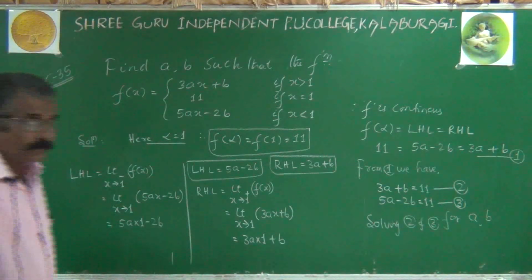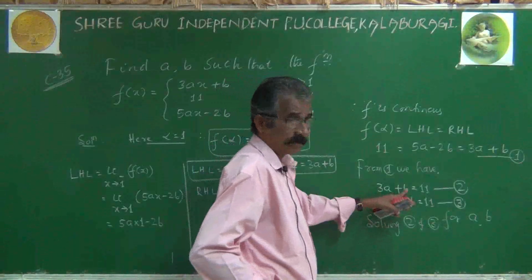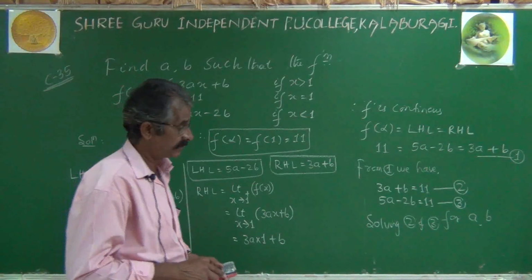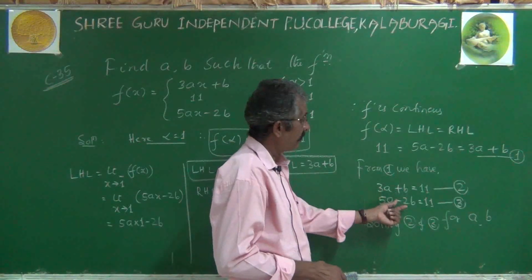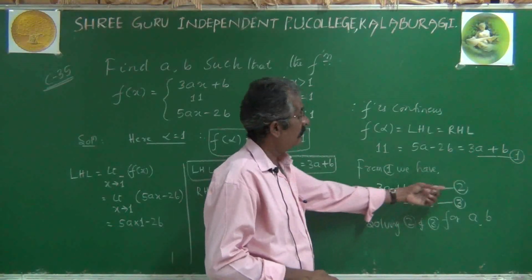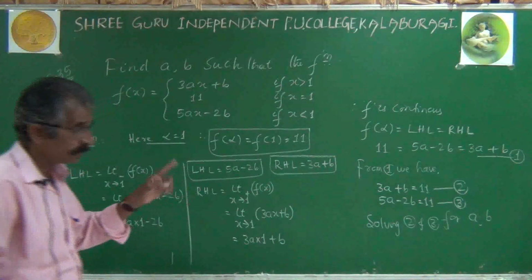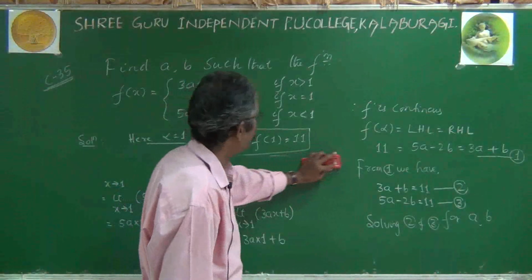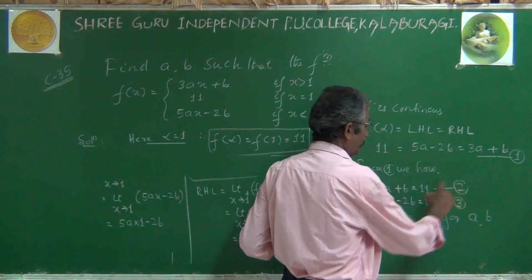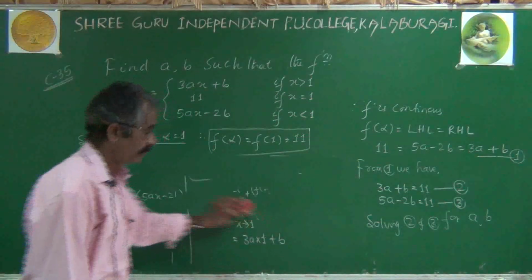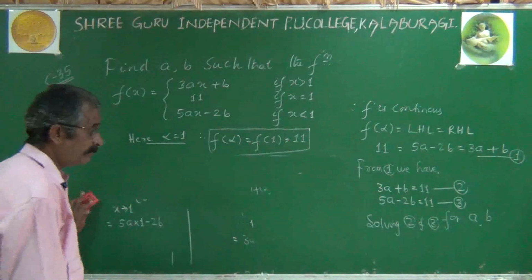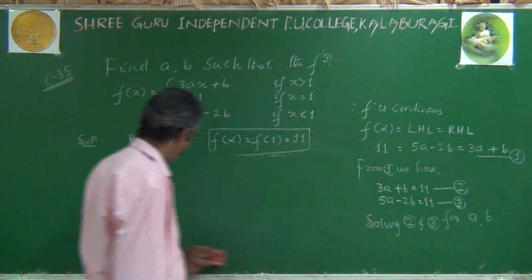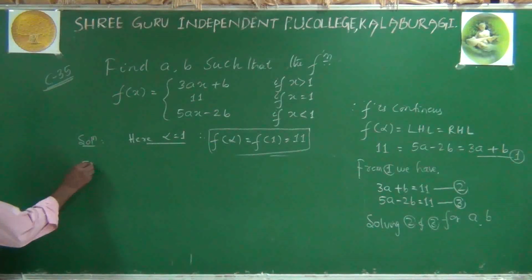To solve equations 2 and 3 for a and b, we have to make any one coefficient the same, either a or b, whichever is easier. Already here we have b, here we have minus 2b. Better we multiply equation 2 by 2, then we add with equation 3. So that we can eliminate b, we can get a, and thereby using a we can get b also.